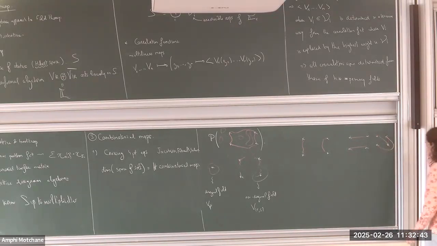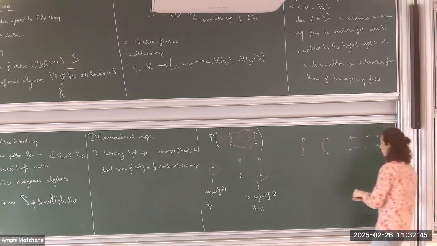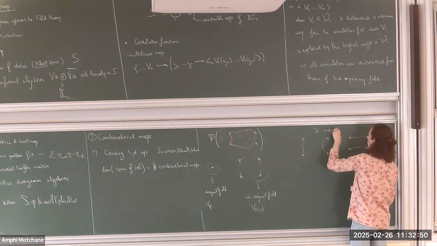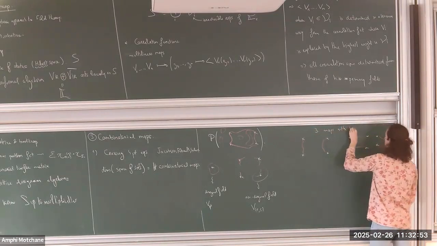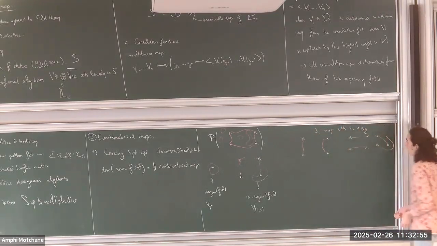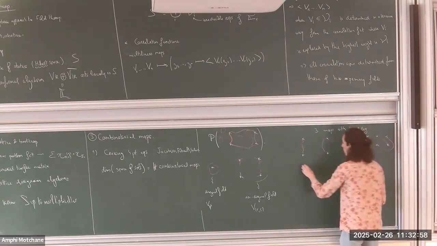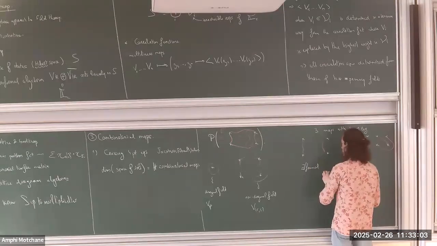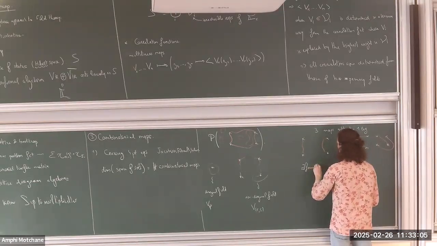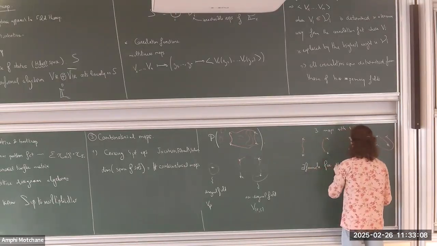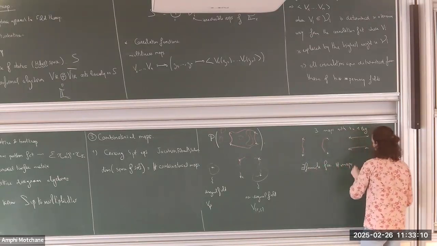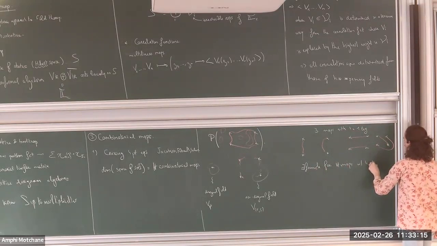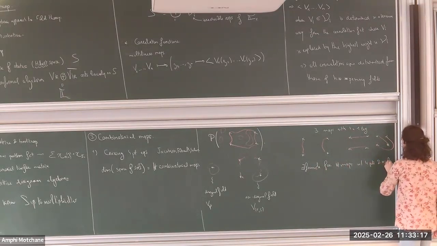So three maps with 4 times 1 leg. And in general, there exists a formula for the number of maps with 4 points and n_i legs at each point.